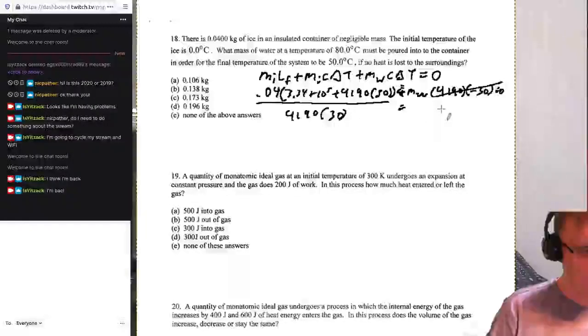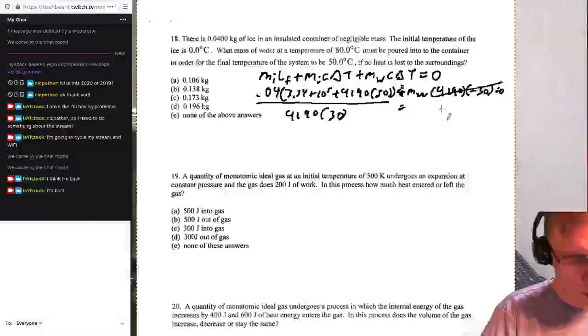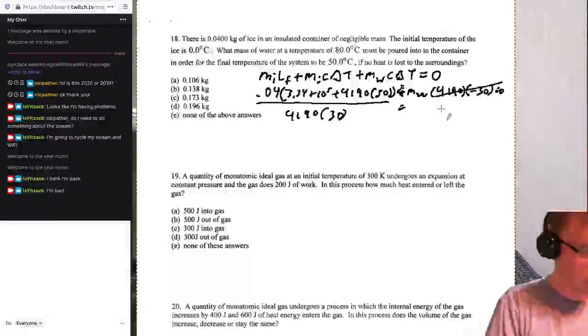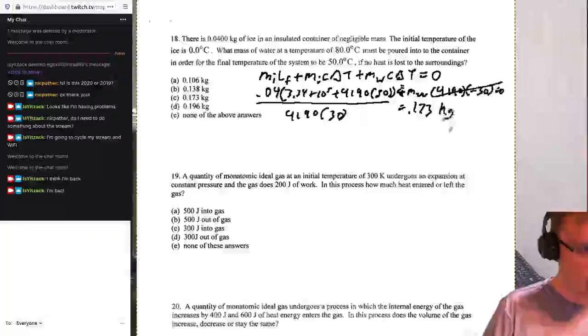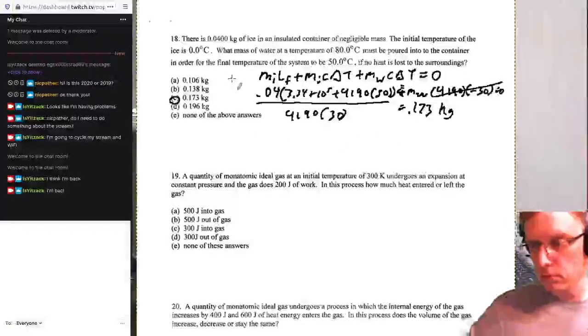And we get a mass of water: 0.04 times 3.34 E5 plus 4190 times 50, divided by 4190 times 30, and execute. 0.173 kilograms.